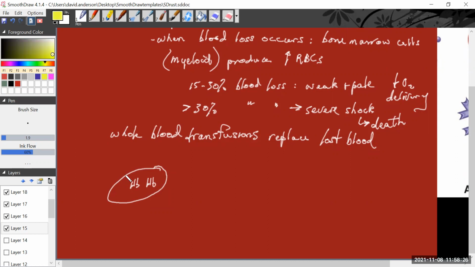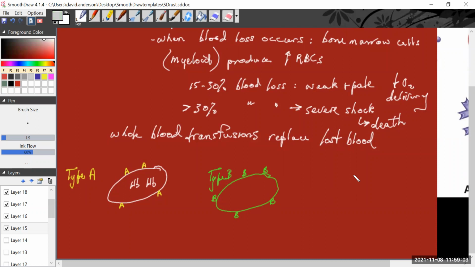So for example, if we talked about type A, what we're essentially saying is that there are markers on this cell membrane that identify it as a type A, and a type B would look like this, a cell that has the B marker on it. So these are identifying markers on these cells. The type A cell is different than the type B cell.